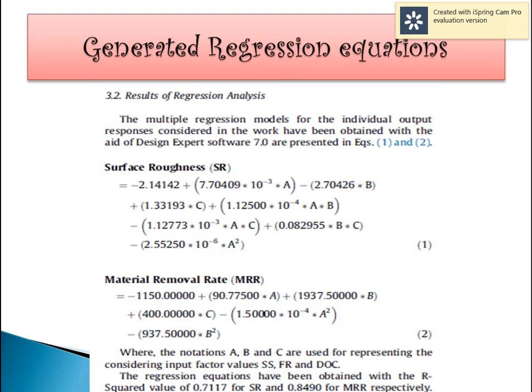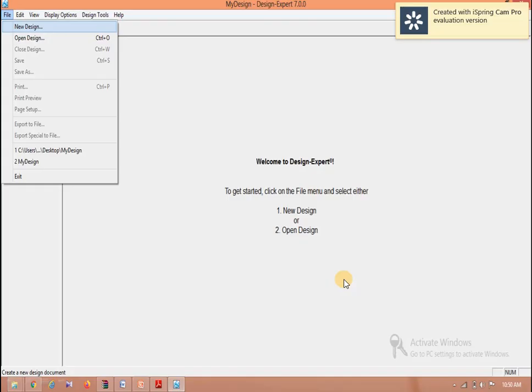Then they used Design Expert software to obtain the regression equation for surface roughness. The obtained regression models for their output responses have been represented like this in their research article. So now we are going to discuss how they obtained these two regression models with the aid of Design Expert software.